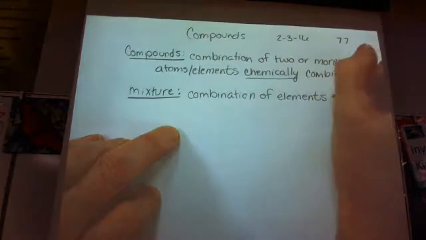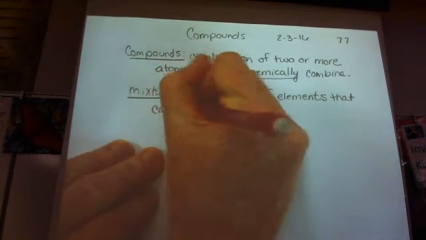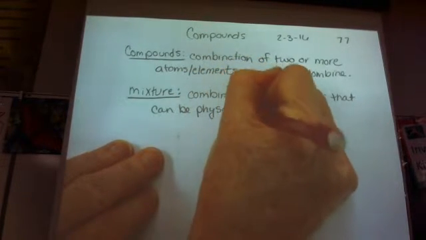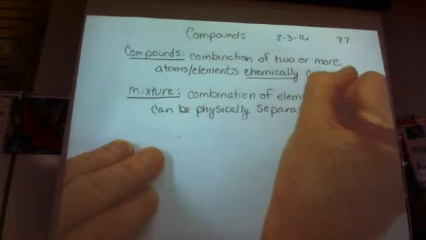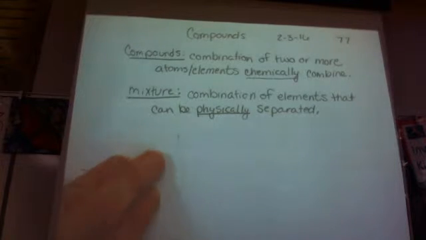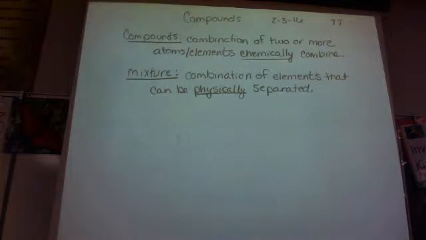Combination of elements that can be physically separated. So basically the difference between the compound and the mixture is compounds are chemically combined, C and C, that's nice. And the mixtures are not chemically combined, so you can physically just separate them out.